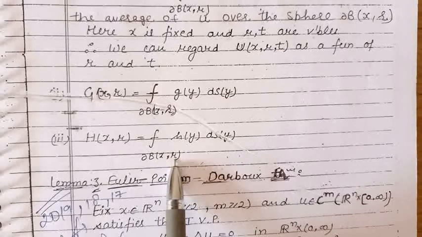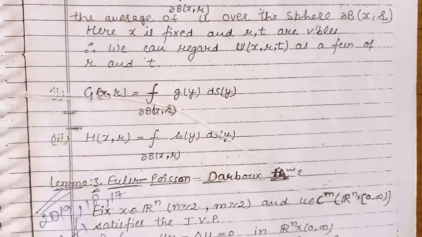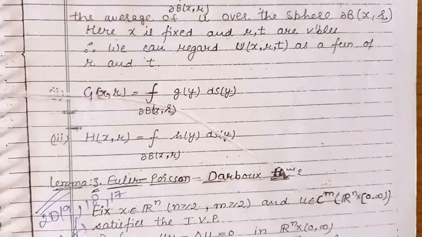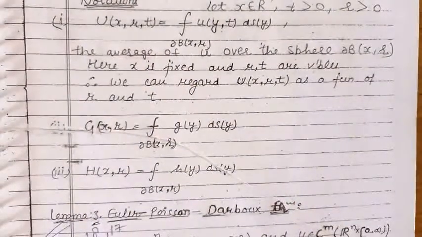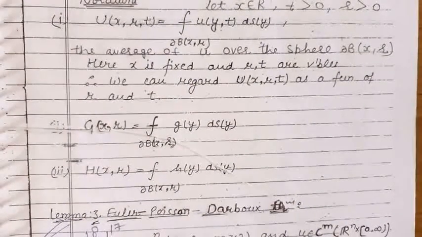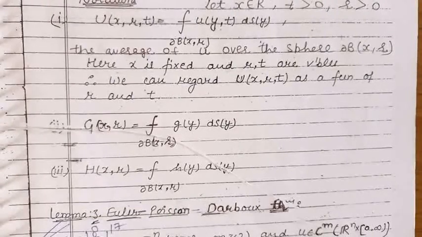Now, next we prove the result for the solution of the initial value problem which is satisfied by this function capital U. And this is given by the Euler Poisson Darboux equation.